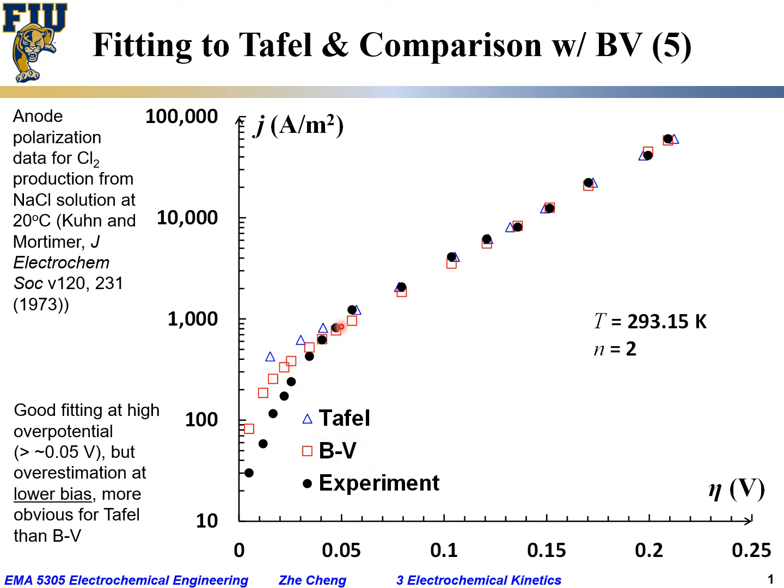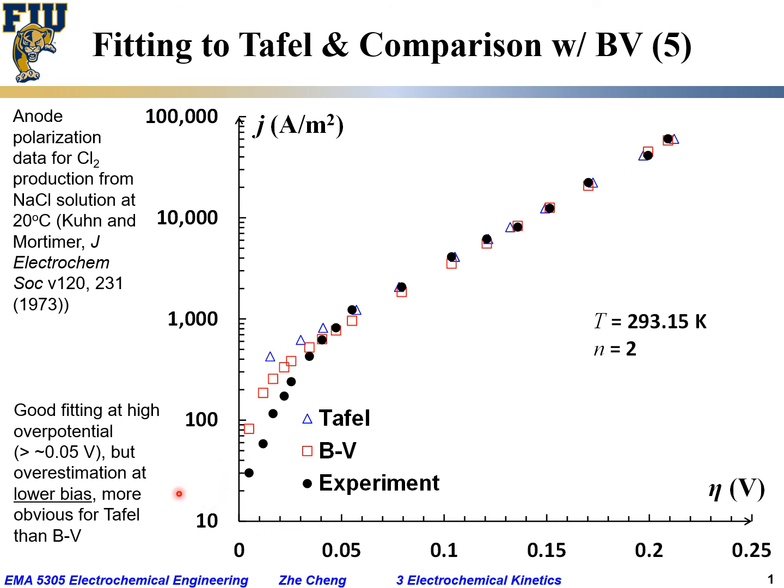But when the overpotential is lower, below 50 millivolt, let's say around the 20-30 millivolt, the difference in current calculated by Tafel or calculated by Butler-Volmer would be much higher than the experimentally measured value, and it becomes more and more significant as the overpotential goes lower and lower.